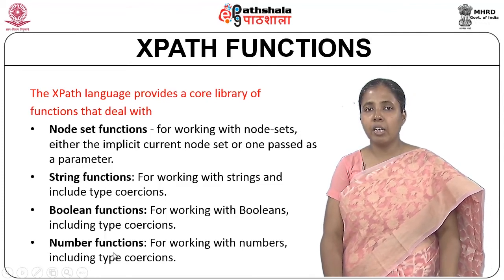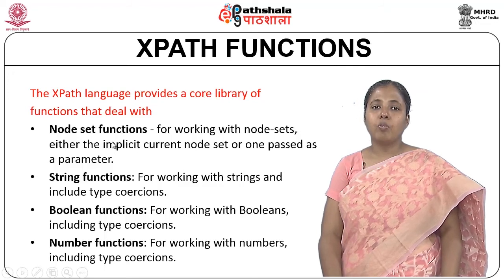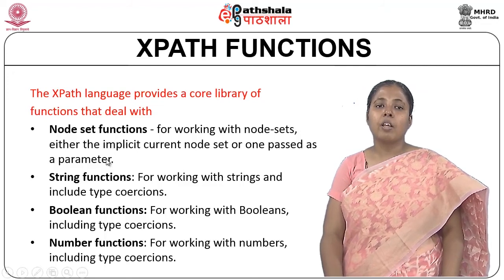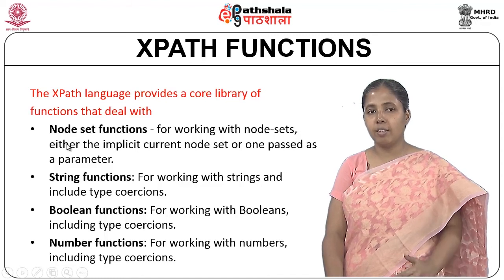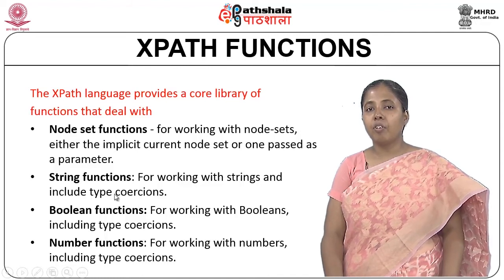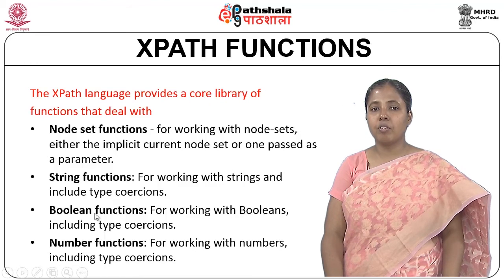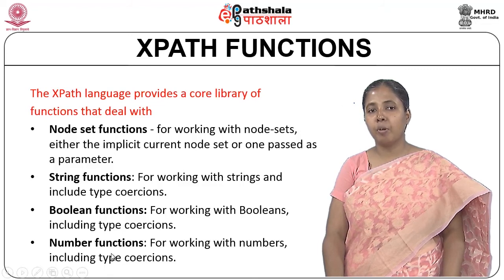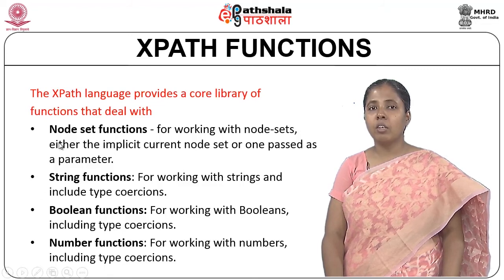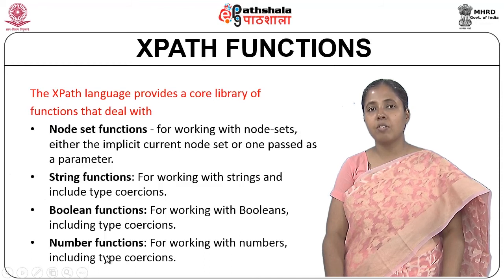To work with node sets, either with the implicit current node set or one passed as a parameter, we use different node functions. We will see in the coming slide. The string functions are for working with strings, to work with booleans we have boolean functions, and to work with numbers we have number functions. So, these are the predefined functions defined in the core library of XPath.